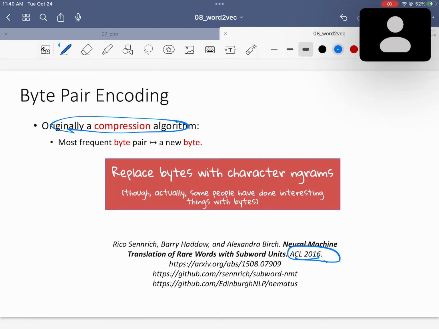If you're familiar with byte pair encoding from the compression algorithm, instead of replacing the most frequent byte pair with a new byte, you replace the most frequent character pair with a new character. That's it.